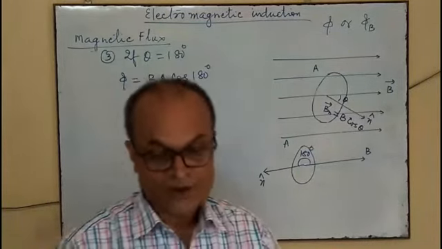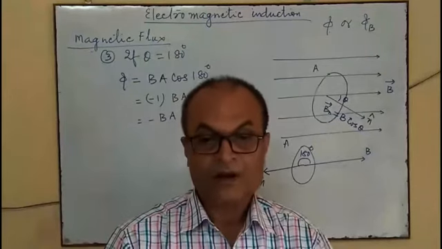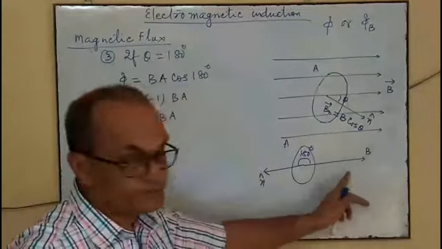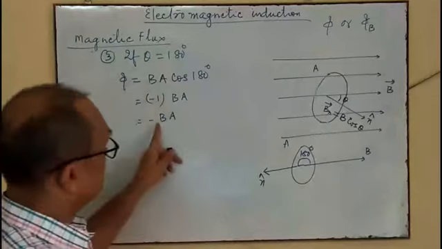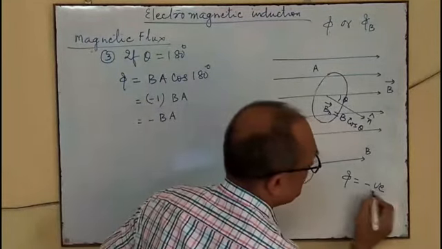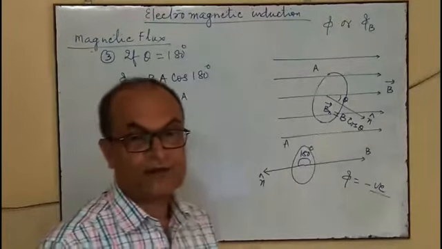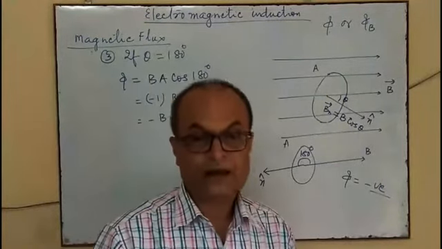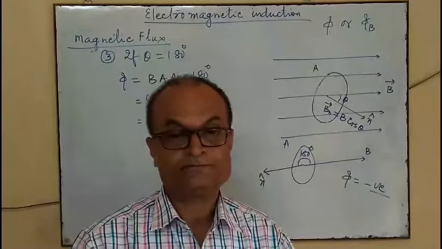Then we see that in this direction phi will be negative. Phi will be negative if the angle between B and A is 180 degrees.